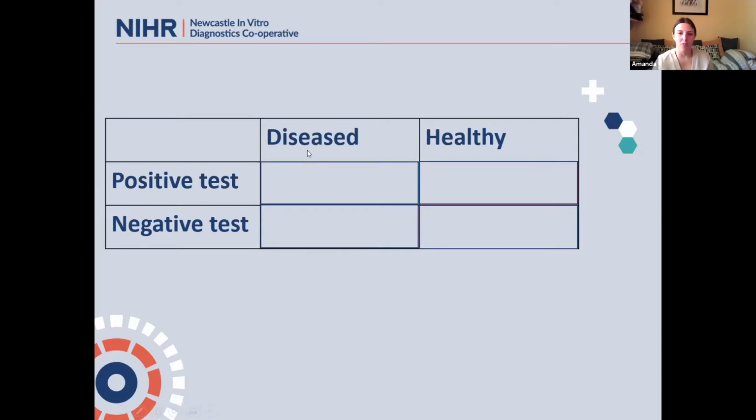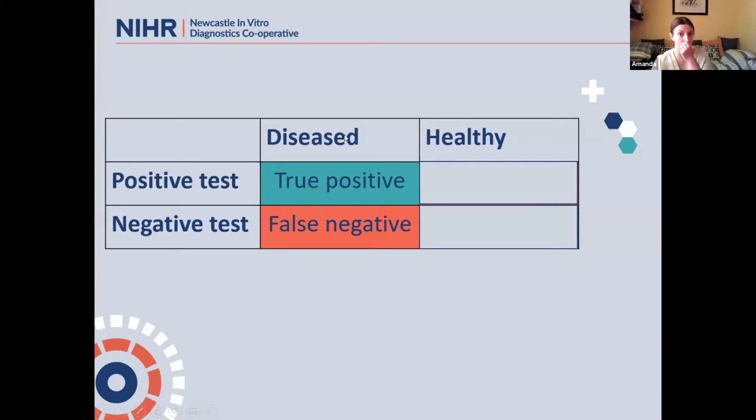So the first possibility is the patient does have the disease and they have a positive test. This is what we would refer to as a true positive. The test has correctly identified that person as having the disease. The second possibility is that the patient does have the disease, but the test is negative, and we call this a false negative. So that's an incorrect test result.